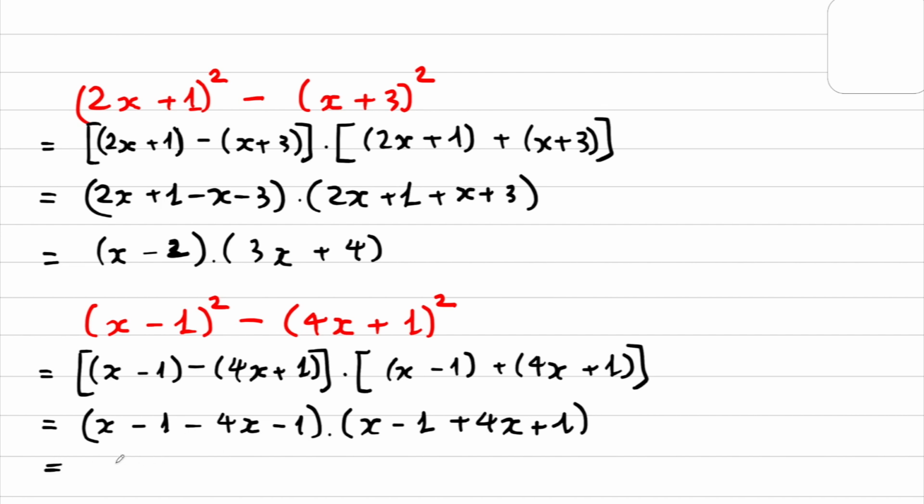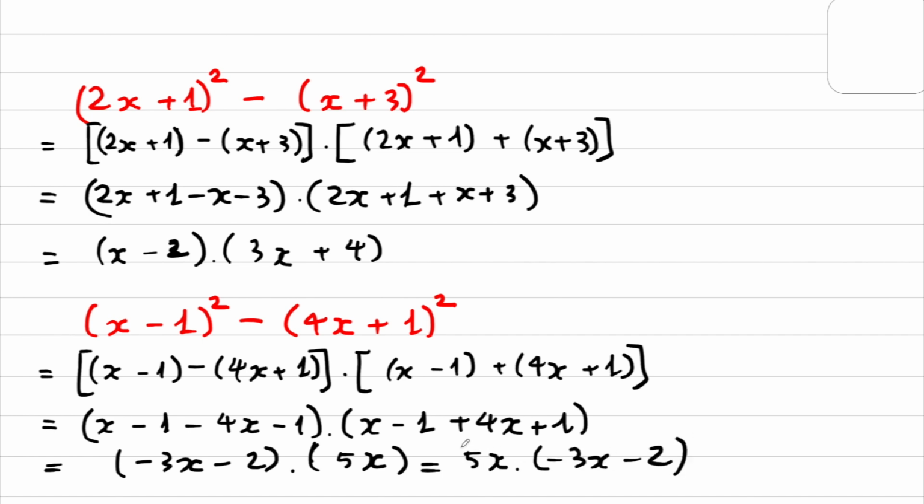And now simplify it. You got minus 3h minus 2 here, and here is 5h only. So 5h multiply with minus 3h minus 2 here. That's it. We finished this question. This is not an easy question.